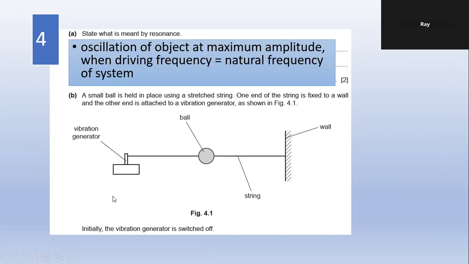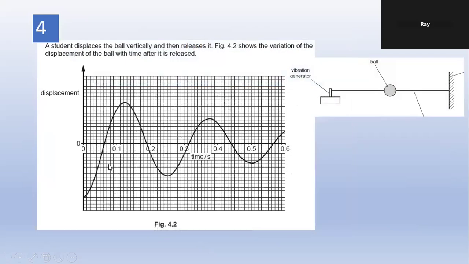Initially, the vibration generator, which causes vibration up and down, is switched off. The student displaces the ball vertically and then releases it. Figure 4.2 shows the variation of the displacement of the ball with time after its release.